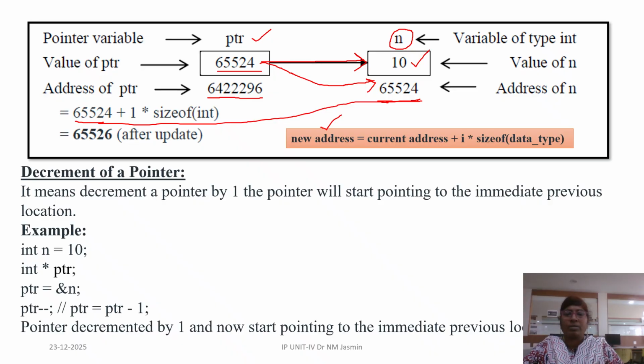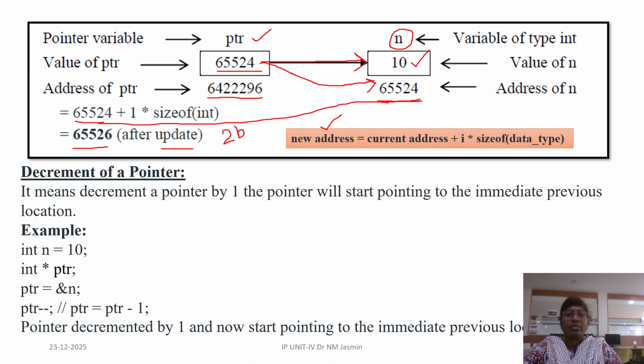According to this 32-bit architecture, the integer size is 2 bytes. So after calculating 1 into 2, if you add that to this address, you will get this address after update.